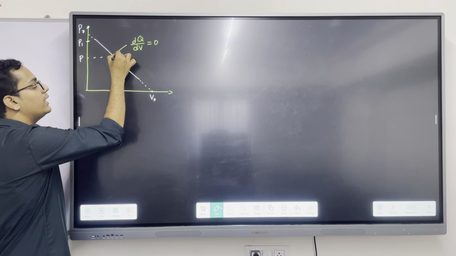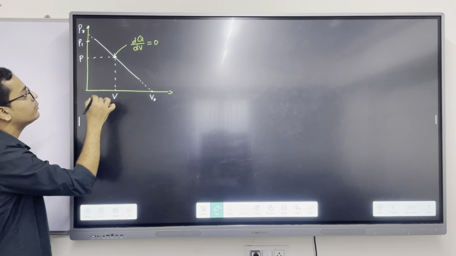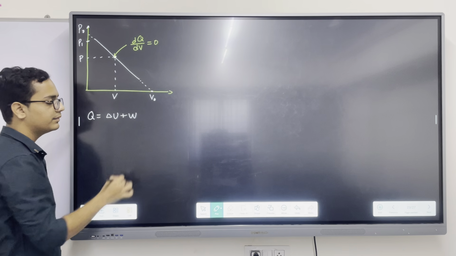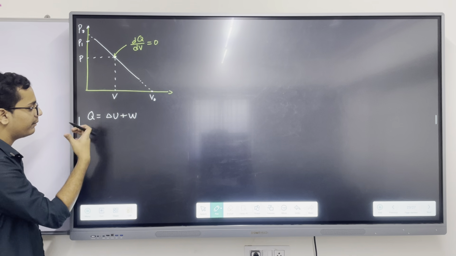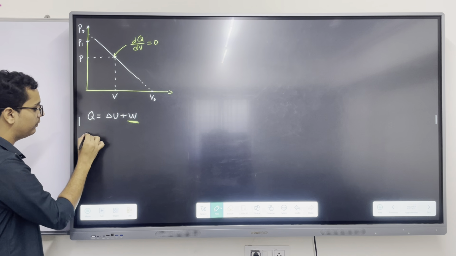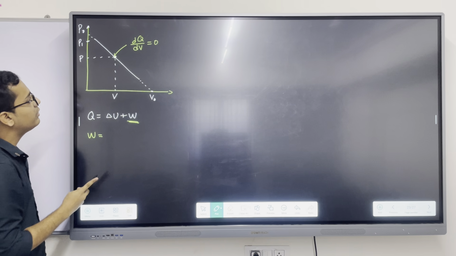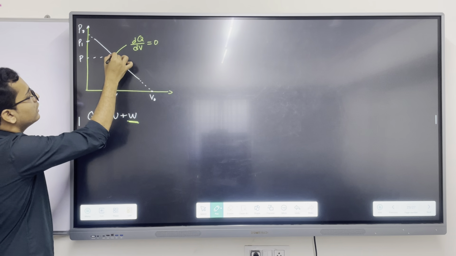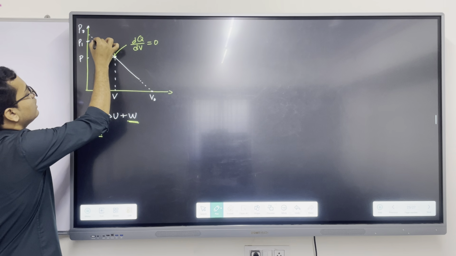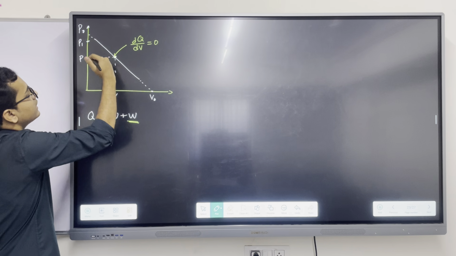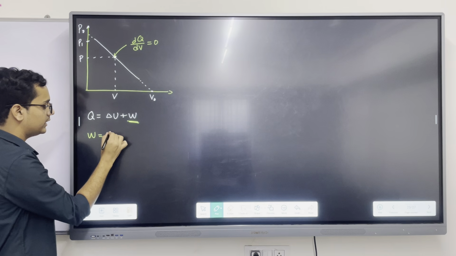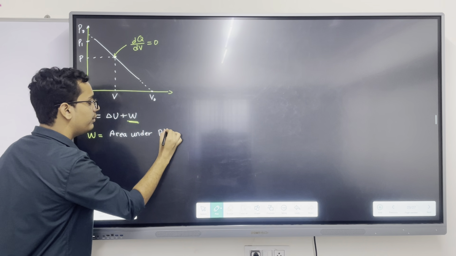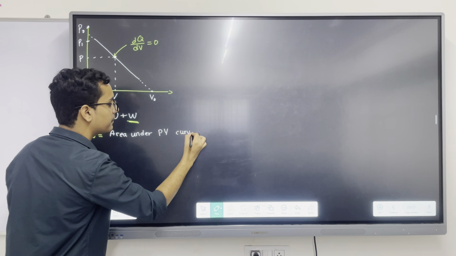So how do I calculate the Q value at this particular position? I can write Q is equal to delta U plus W. I will go step by step. First of all, I'm bringing this W. How can I calculate W here? To calculate W, you have to calculate the area under the PV curve.